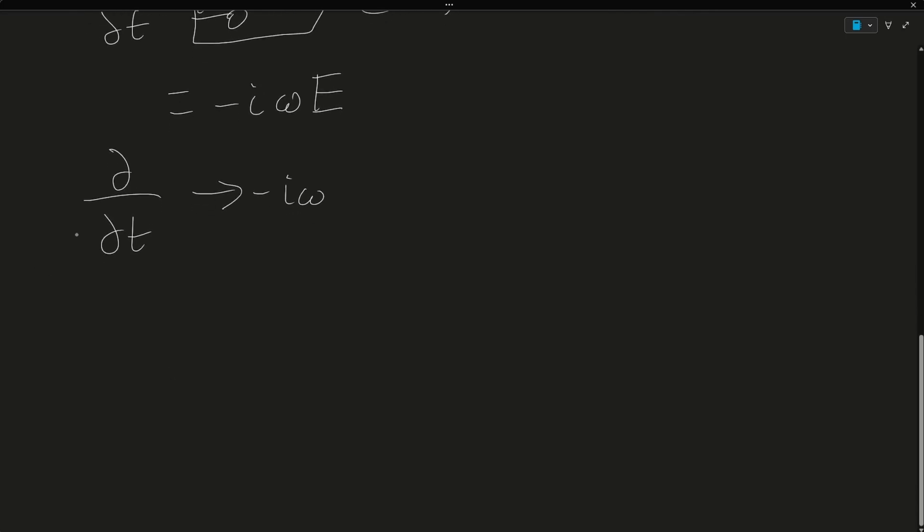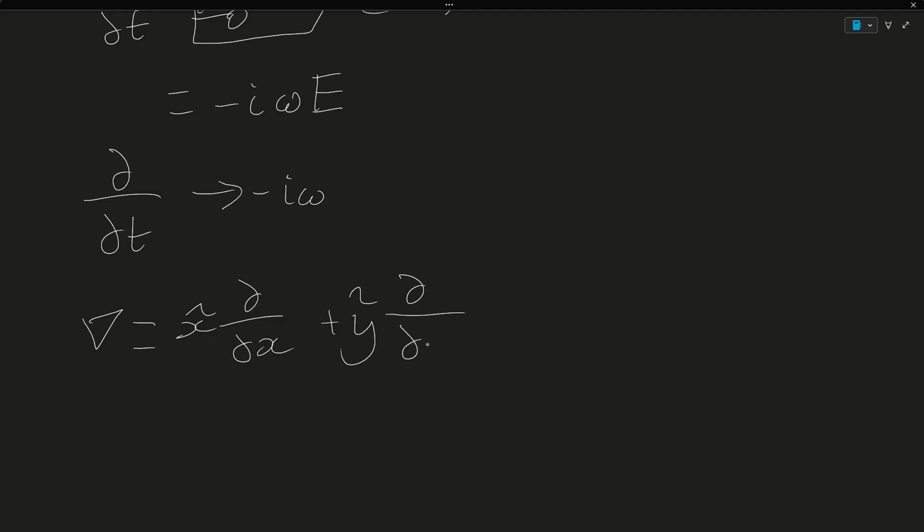The second step would then be to deal with nabla or del. I'm sure you understand what it's defined as, but I can write it out to be sure: x hat times the partial derivative with respect to x, plus y hat partial y, these are the unit vectors in the directions x, y, and then z, plus z hat partial z.